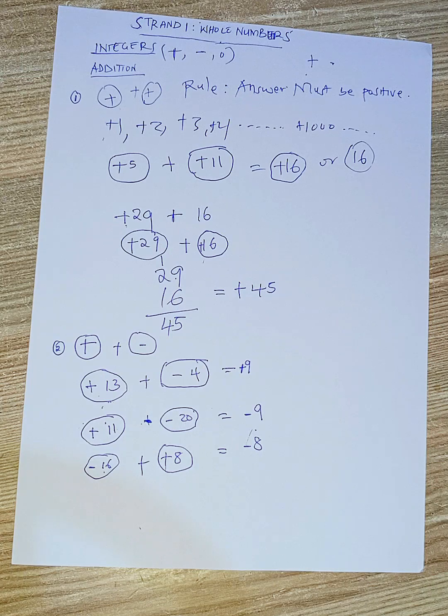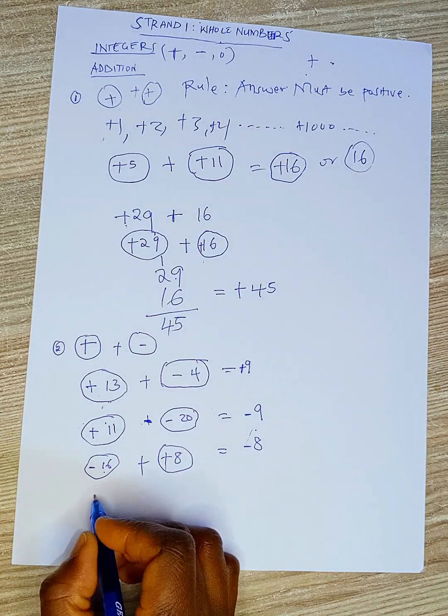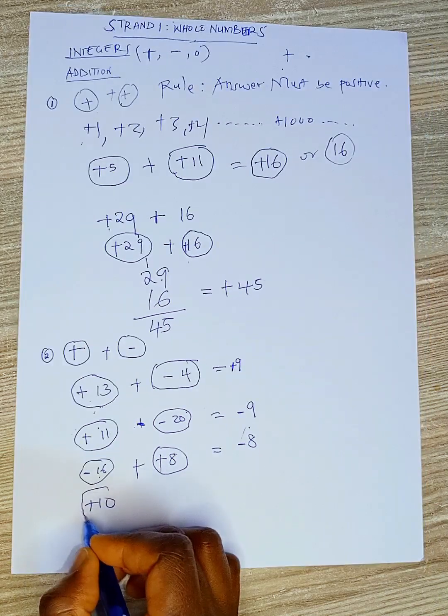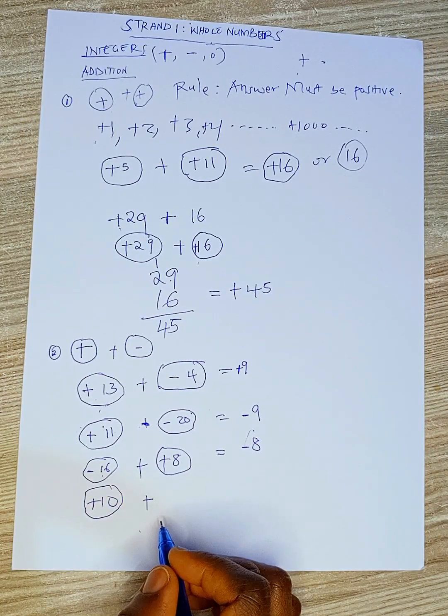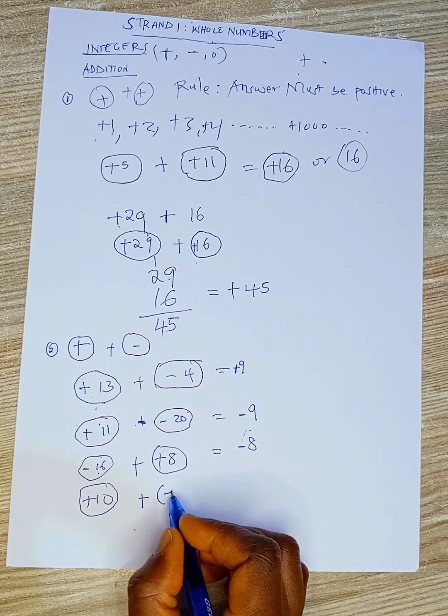So that is the most important trick you need to apply when adding a positive integer to a negative integer. Let us look at an example. To work out the following, we have positive 10 adding negative 4.